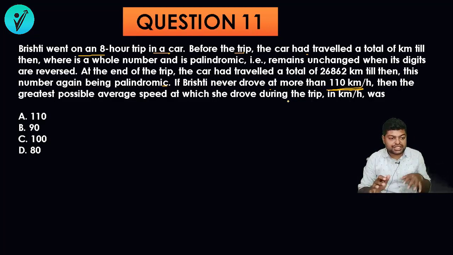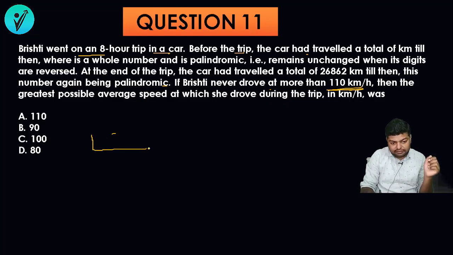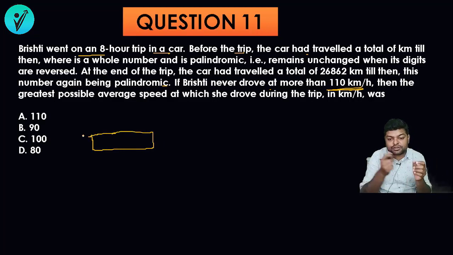So what this question says is that Brishti took a car, and when she started her journey, the odometer might be showing a certain distance, but the important part is that whatever distance was shown here, this was a palindromic number.